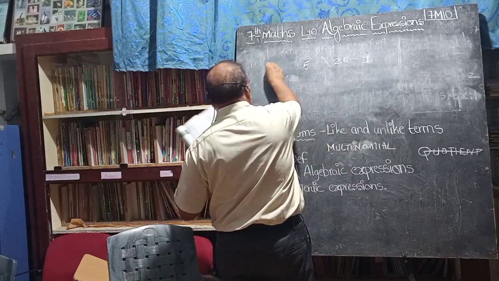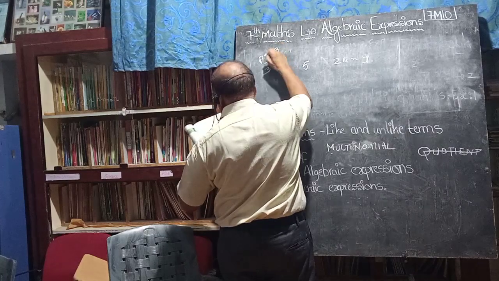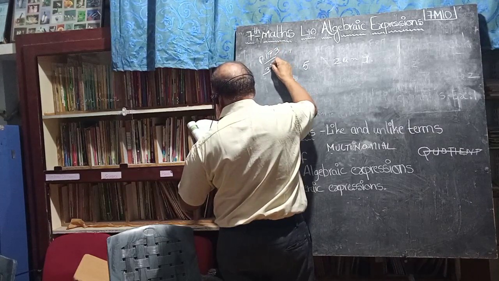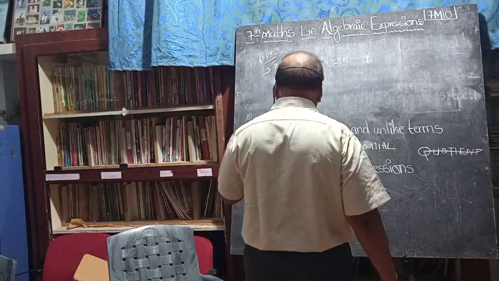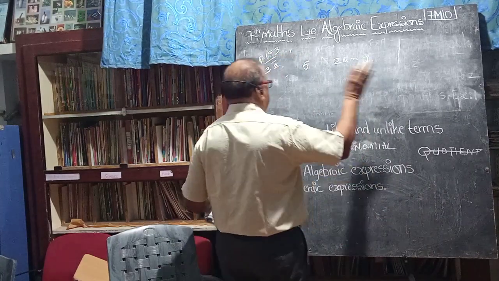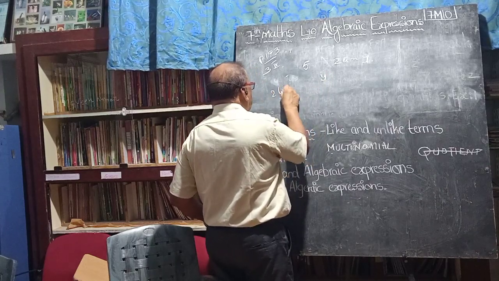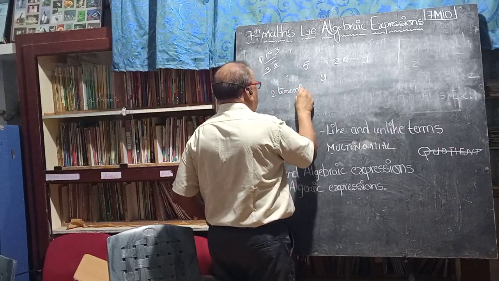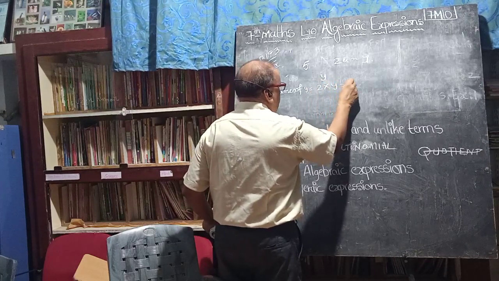Now 2 times of y is equal to 2 into y, that is equal to 2y.